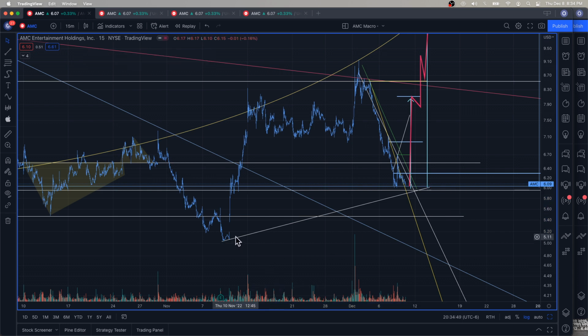I think this is enough. This was the one that was really eye-opening to me because it points to December 13th. So seeing it drive up here and then come back down would make a lot of sense to me.